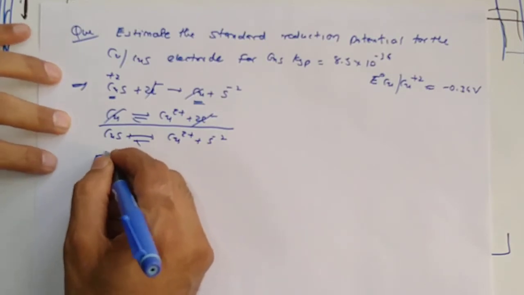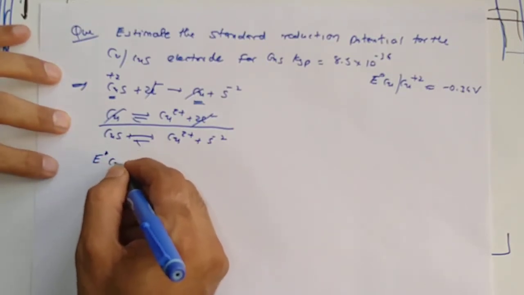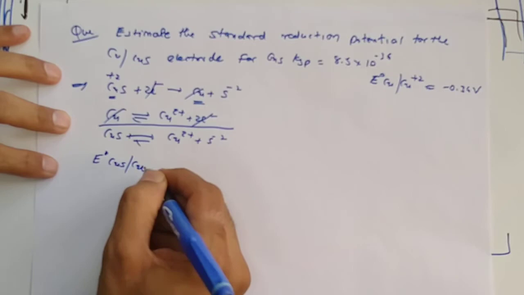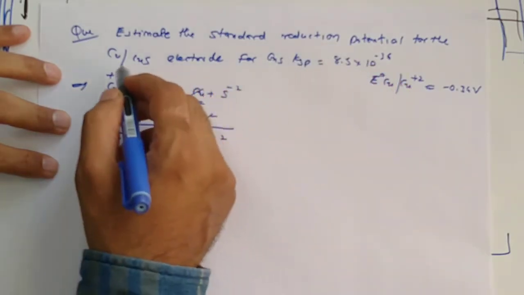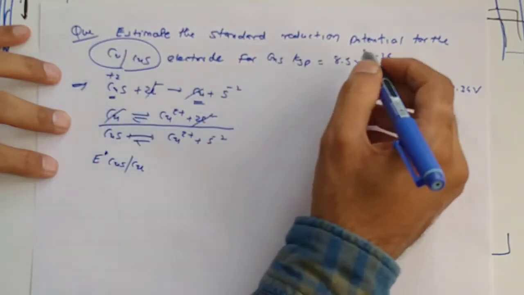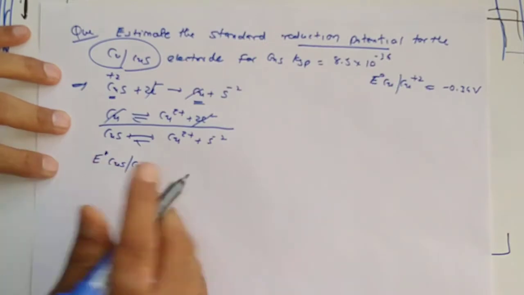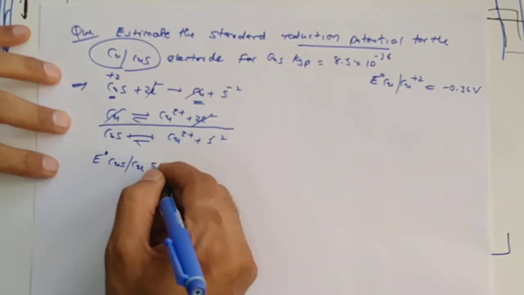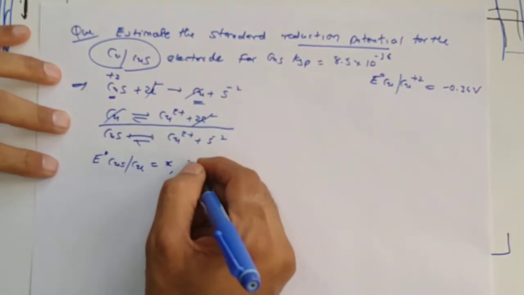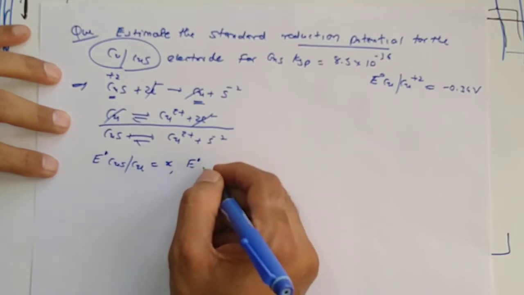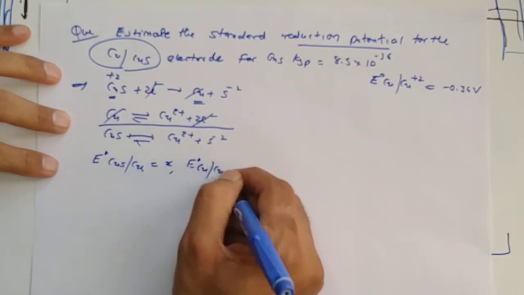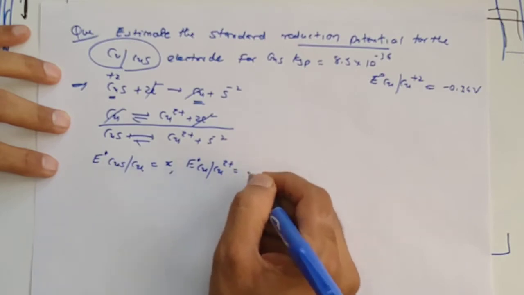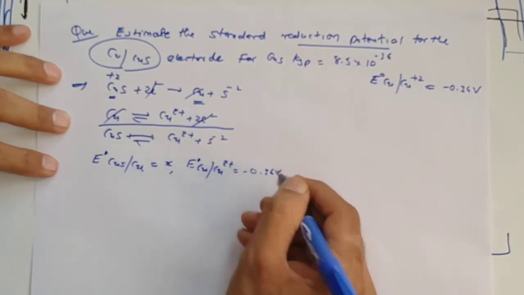So here suppose E degree is the reduction potential. This is oxidation. What is asked is reduction. So CuS | Cu is supposed to be x. Here E degree of Cu | Cu2 plus is minus 0.34.